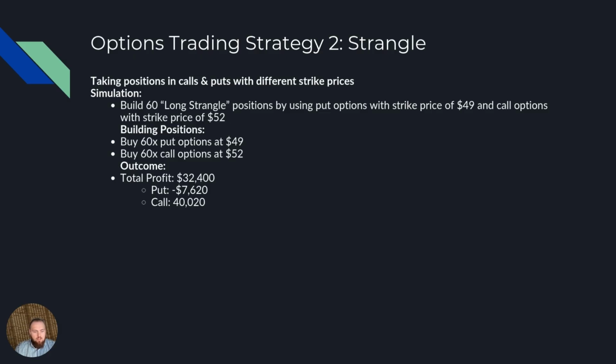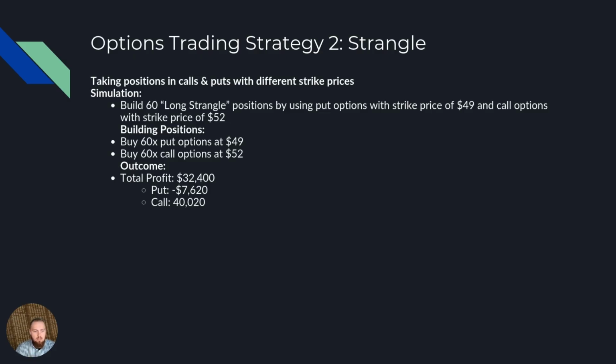The outcome was a total profit of $32,400, with a loss of $7,620 from the puts and a gain of $40,020 from the calls. This shows that long strangles can be highly profitable in high volatility markets, especially when the underlying asset moves significantly above the upper strike price, which in this case was the $52 call option.